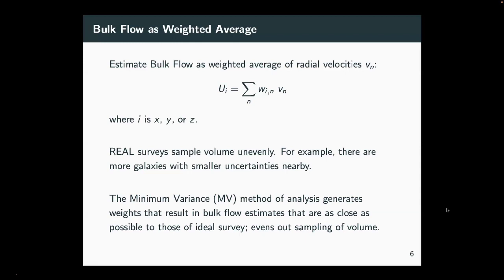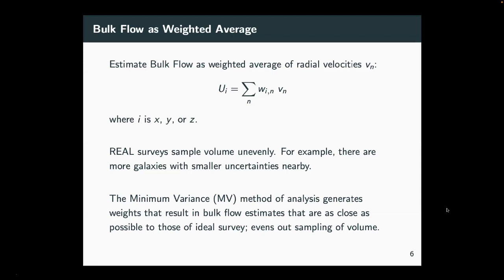So most of your information is concentrated in the center of the survey. And so that means that if you just calculate the bulk flow naively by averaging over those galaxies, you're going to basically overestimate: the nearby galaxies are going to have a bigger influence than you want.